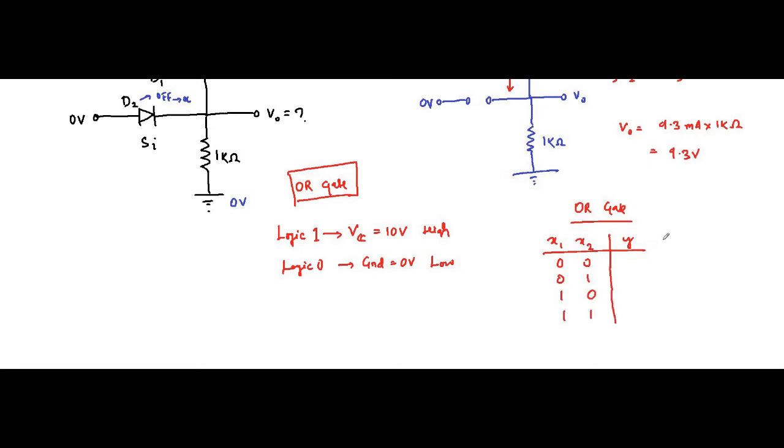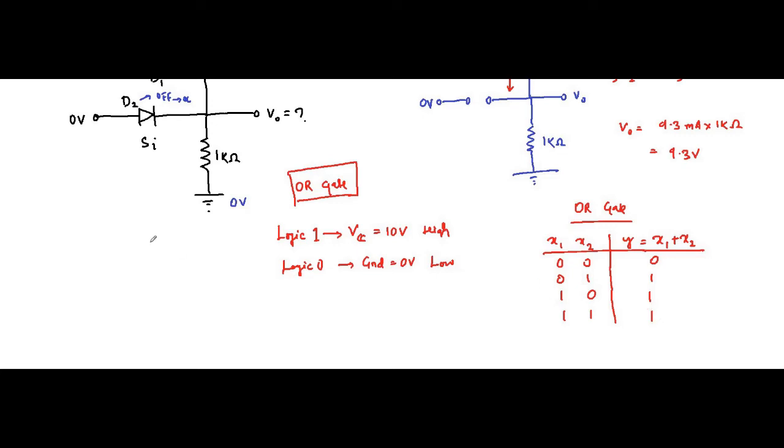So in this case we know y is x1 OR x2. So only in this case it will be 0, in all the other cases it will be 1. Now that we have discussed in digital electronics, this is the general principle of OR gate.